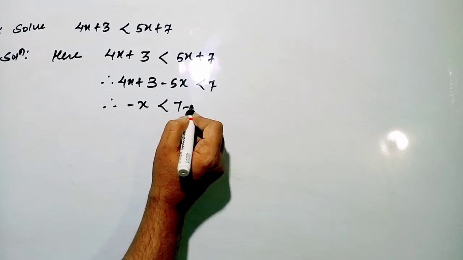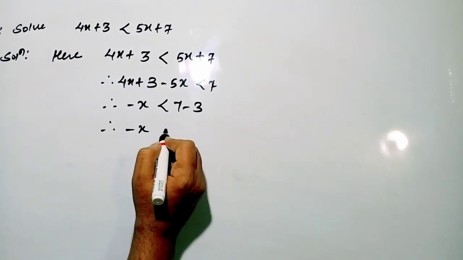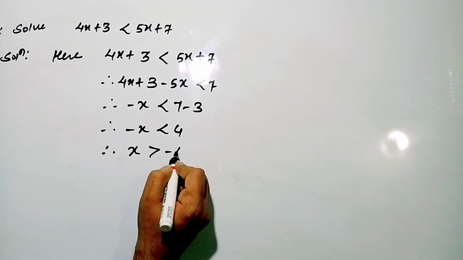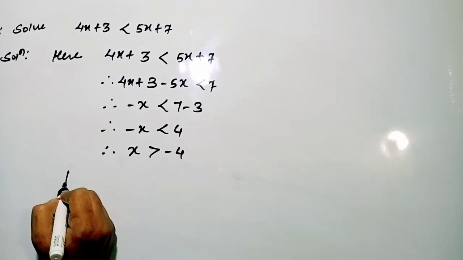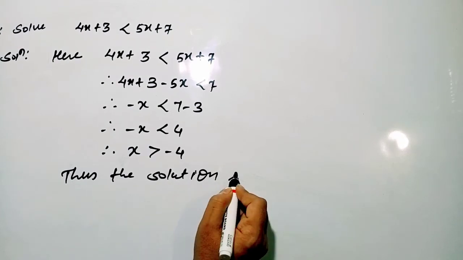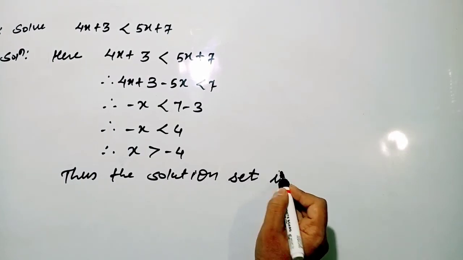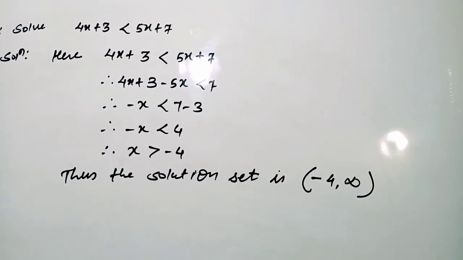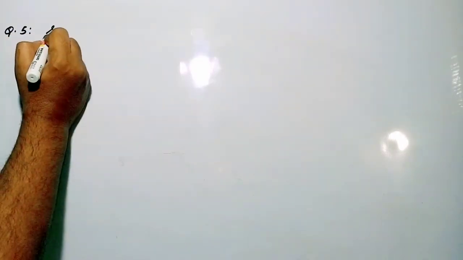So we are getting minus x < 4, so x will be greater than -4. So the solution set x > -4 will be -4 to positive infinity.